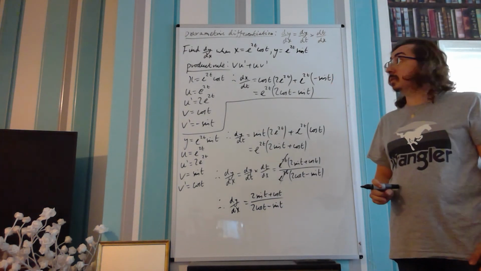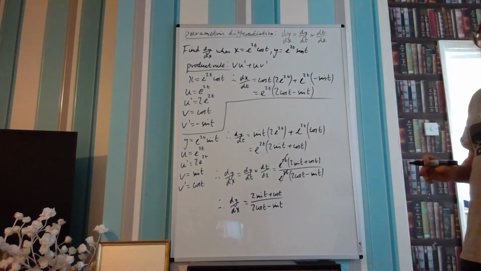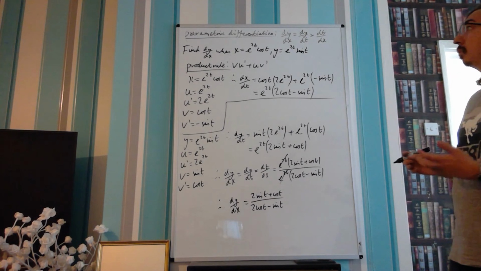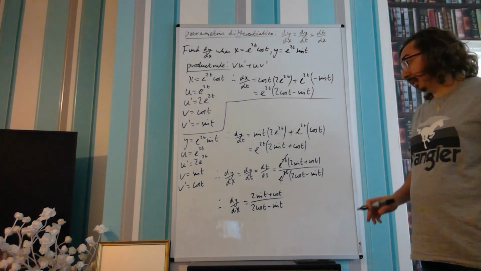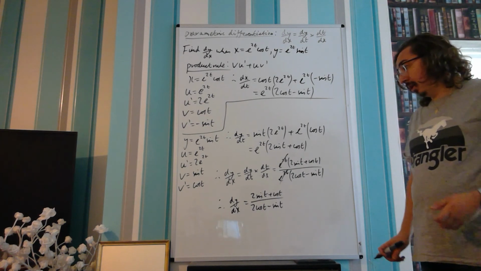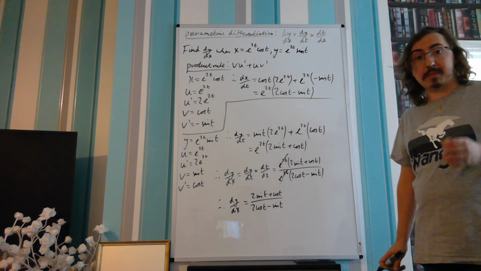And that's our final answer. So the dy by dx, when x is equal to e to the 2t cos t and y is equal to e to the 2t sin t, our dy by dx is equal to 2 sin t plus cos t over 2 cos t minus sin t.